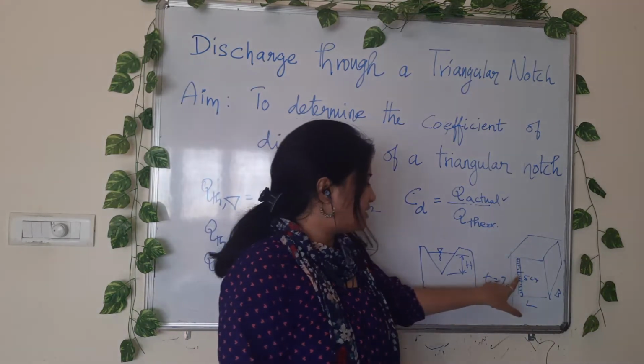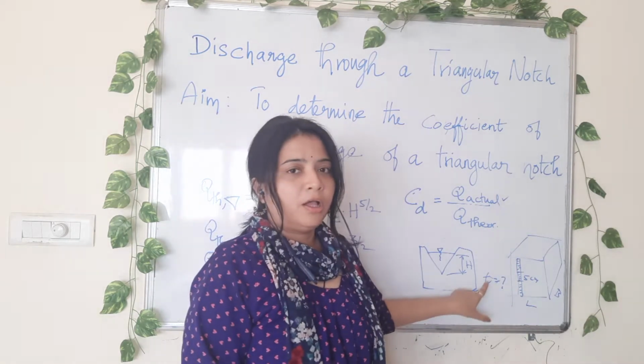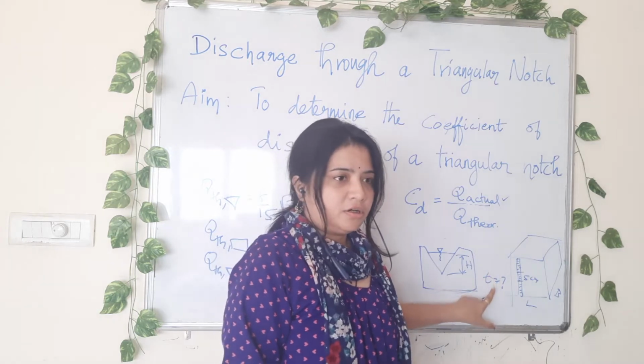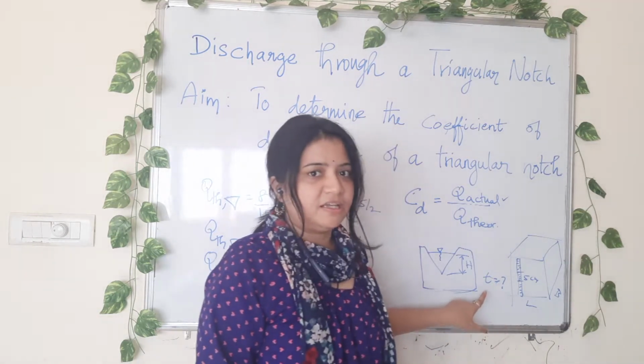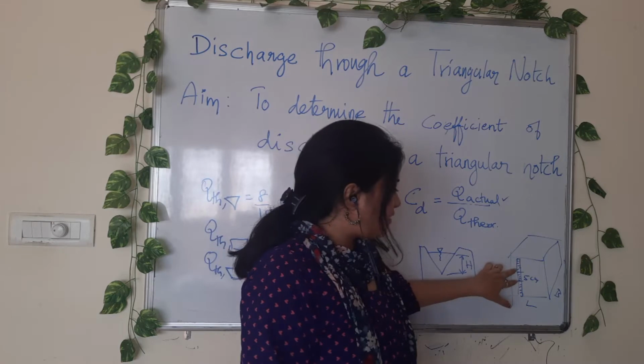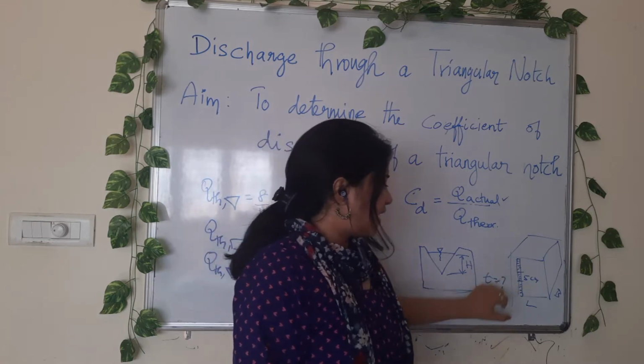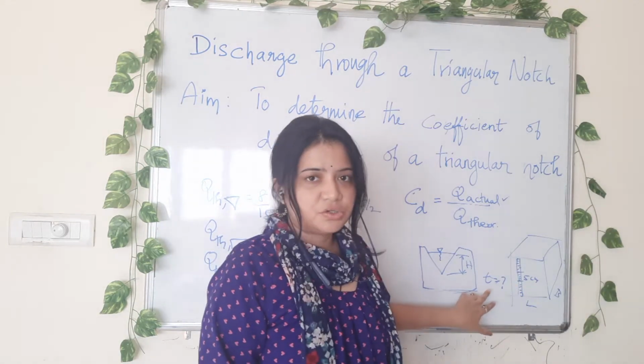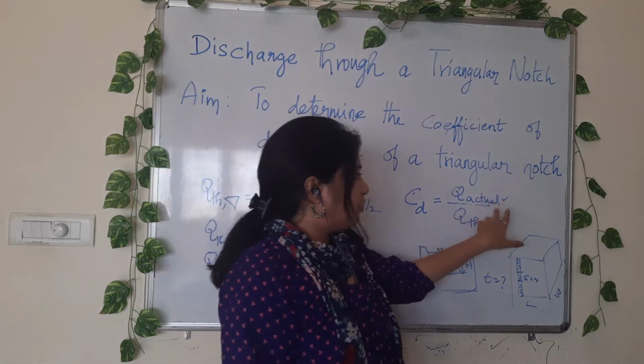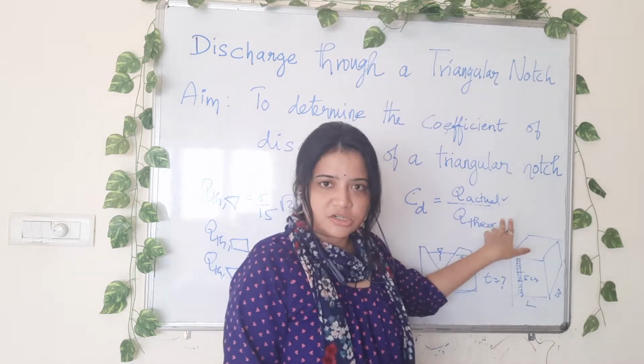We will see the time required for the water to rise in the tank. For a 5 centimeter rise in the tank, we will see the time taken. So we can find out the actual discharge. How?